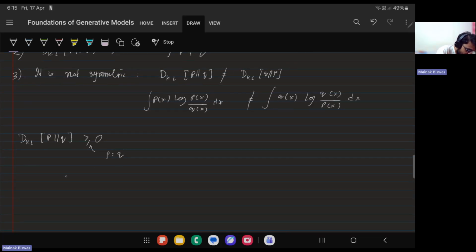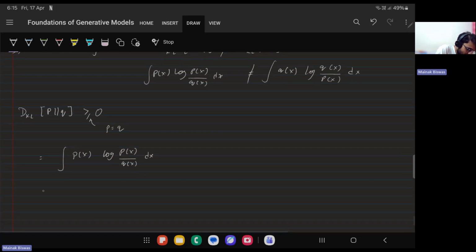Let's write this down as Px log Px by Qx. This is the KL divergence, which is also equivalent to writing the expected value, by LOTUS. We have learned this in the past. You're taking an expected value over this density, and this is the function that you are taking an expected value of.